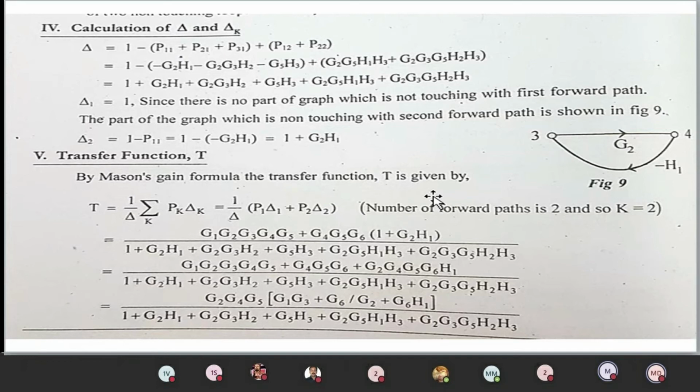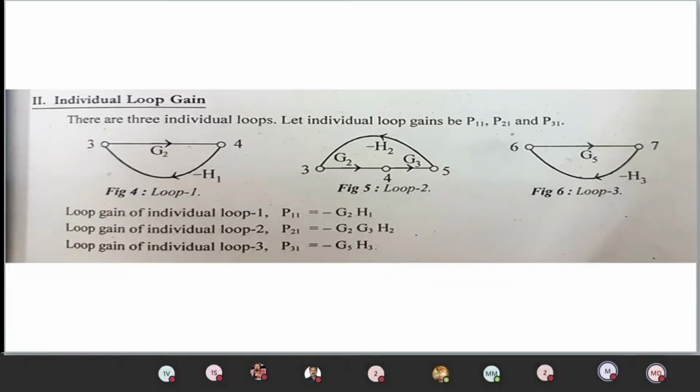What is the thing to take care of? 1 minus sum of individual loop gains. Okay, you have 3 individual loops, plus sum of product of non-touching loops. Kindly notice that 1 and 3, 2 and 3 are non-touching. To understand this, please see once again. 1 and 2 have common nodes 3 and 4. 1 and 3, they do not share a common node. 2 and 3 also, they do not share any common node.